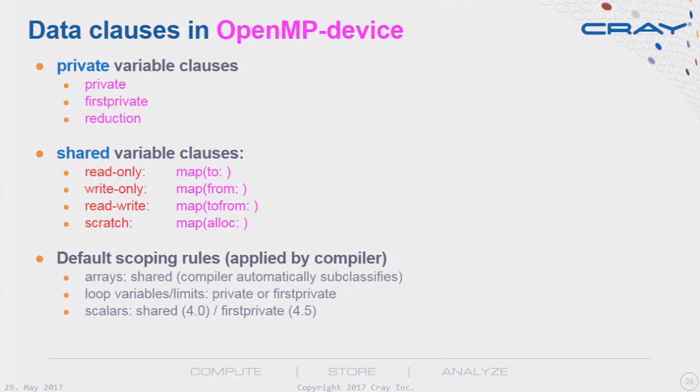I mean, here are the general rules. That's more or less the default. So arrays in principle are shared variables. Loop variables and limits are private or firstprivate, depending on that. And in OpenMP 4.5, all scalars are firstprivate, but in 4.0, which we use here, they are shared.